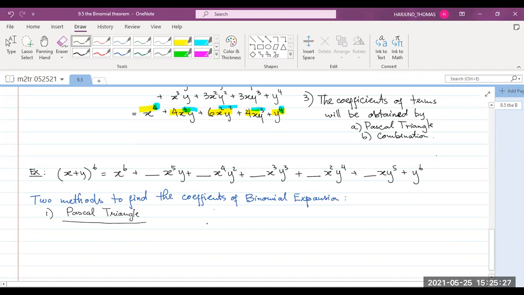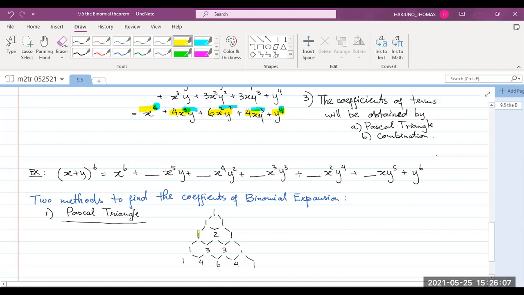You start with 1 and then 1, 1. The next row, you start from 1 on the outside. In the middle, you add these 2. So you can see it this way, like this. And then the next row, 1 by itself, this is 3, this is 3, 1. 1, 4, 6, 4, 1.